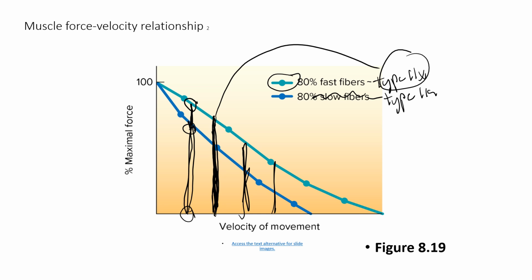So over a given amount of time within that Type IIx fiber, more myosin and actin will interact than in the Type IIa fiber at that given velocity. Thus, the Type IIx fiber produces more force than the Type IIa fiber.